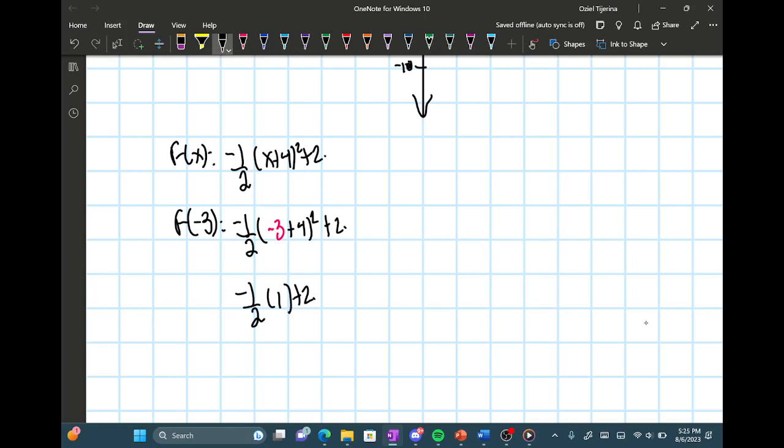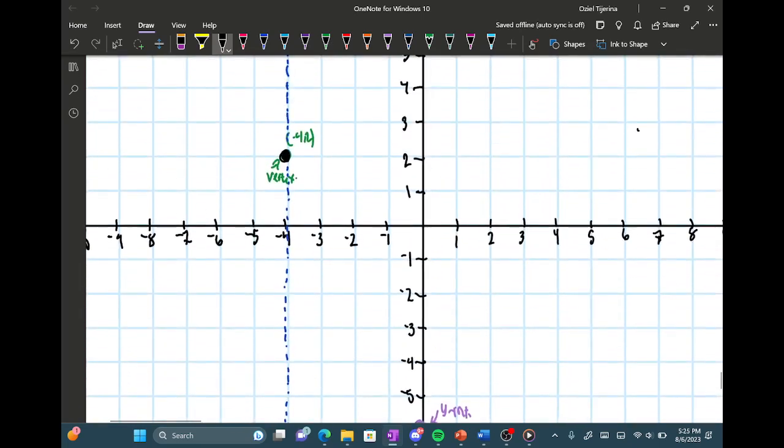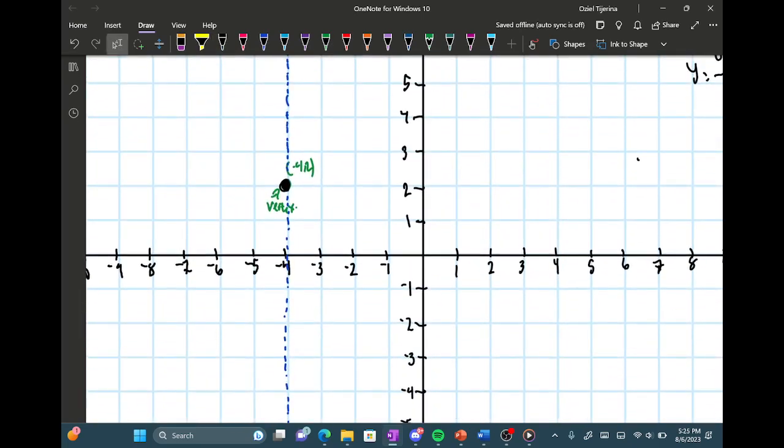I'm sorry guys, hold on. -1/2 plus 4/2 is 3/2. This is approximately 1.5, so you can still put it in there. It'll be about right here. So that's the point -3, 1.5, this black dot here.